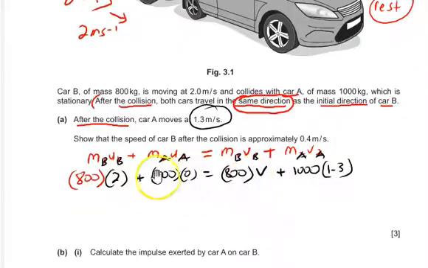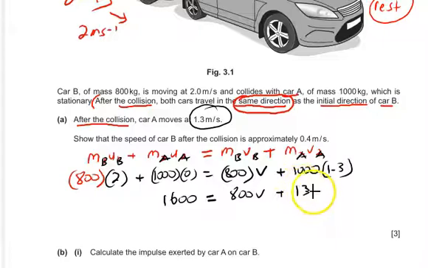Remember, momentum before and after should be the same. Then here will be 0. So here's about 1600, so it's about 800 V plus 1300.